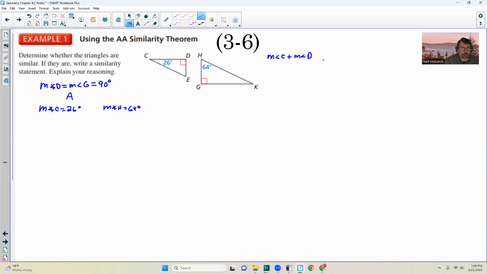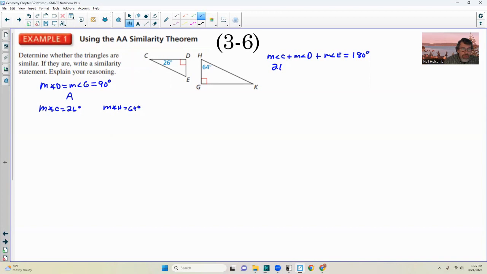I also could do the theorem about the two acute angles in a right triangle being complementary, but I'm going to do the triangle sum theorem here, plus the measure of angle E. So C plus D plus E, by the triangle sum theorem, add up to 180 degrees. Substitute my givens.